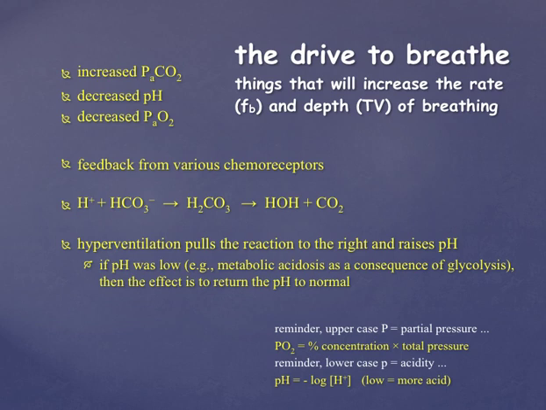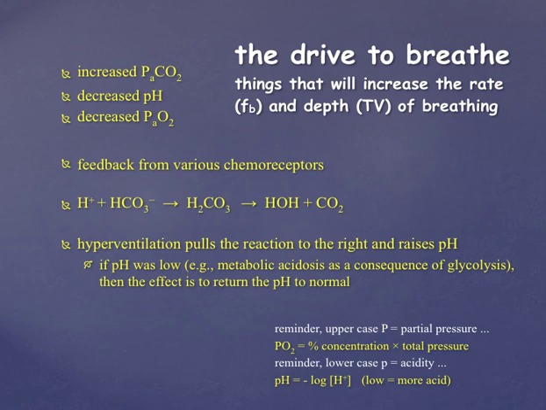Now, why would these three things cause you to breathe more? Look at the first and the third. An increase in the partial pressure of carbon dioxide, lowercase subscript a, in the arteries. So we're seeing more carbon dioxide than normal in the arteries leaving the heart and lung.